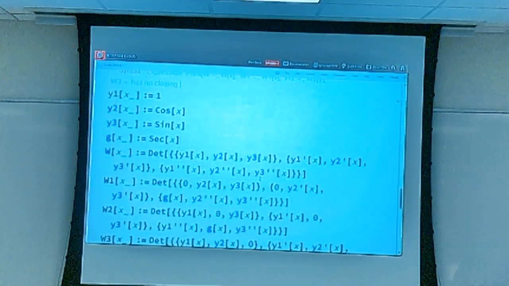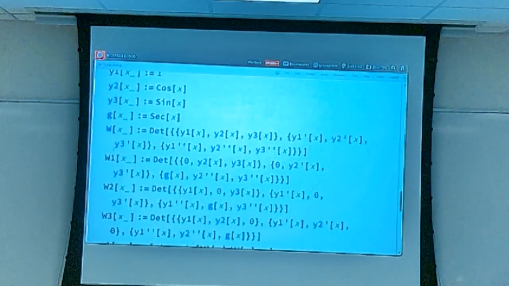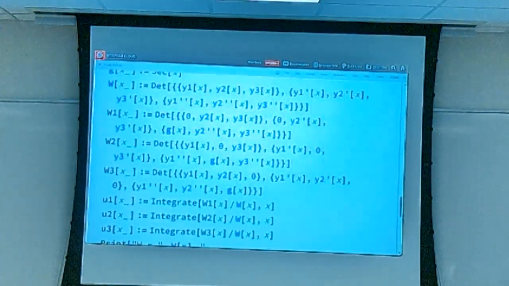Alright, so I've already had it set up. You have to define your y1, y2, y3, g. Then I defined w, w1, w2, w3 as the appropriate determinants.